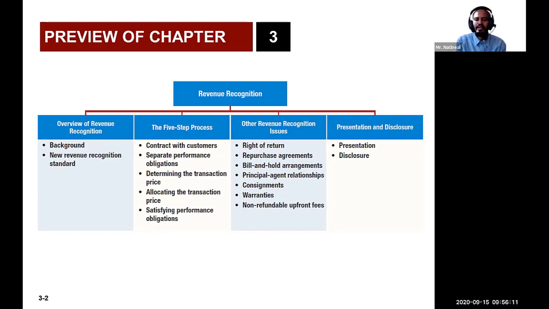Then there are other revenue recognition issues related to right of return, repurchase agreements, bill and hold arrangements, principal agent relationship, consignments, warranty, non-refundable upfront fees. Then presentation and disclosure መጨረሻ ላይ ምን ይመስላል የሚለውን ምናየው ማለት ነው። This one is just revenue recognition.